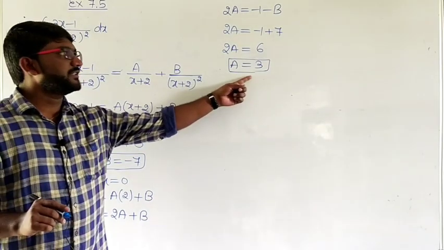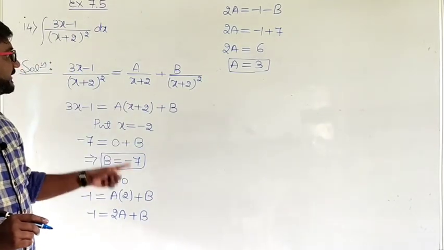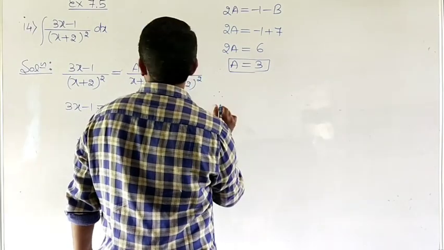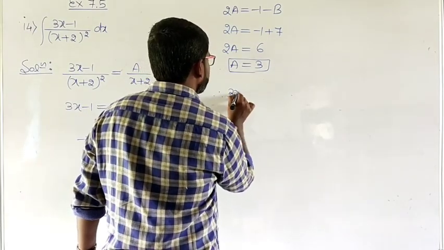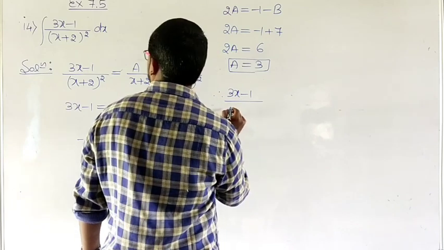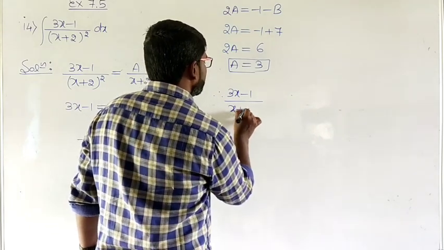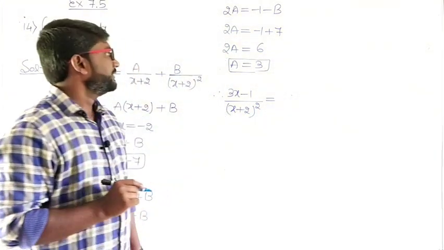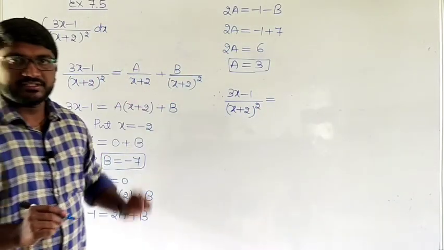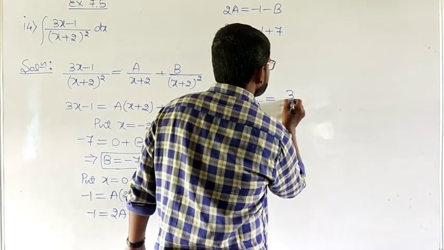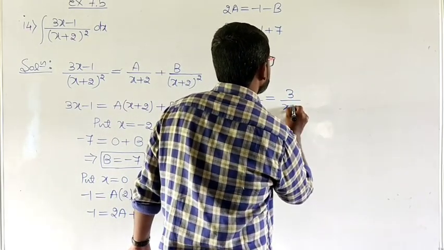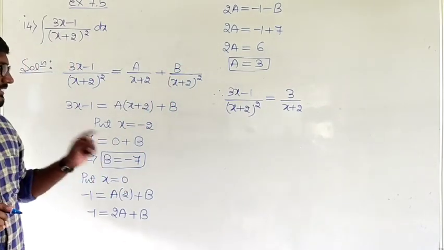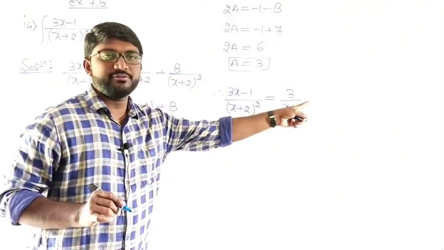Substitute a equal to 3 and b equal to minus 7 in this particular equation. Therefore (3x minus 1) divided by (x plus 2) the whole square is equal to a divided by (x plus 2), that is 3 divided by (x plus 2), plus b divided by... Actually we should write plus here.